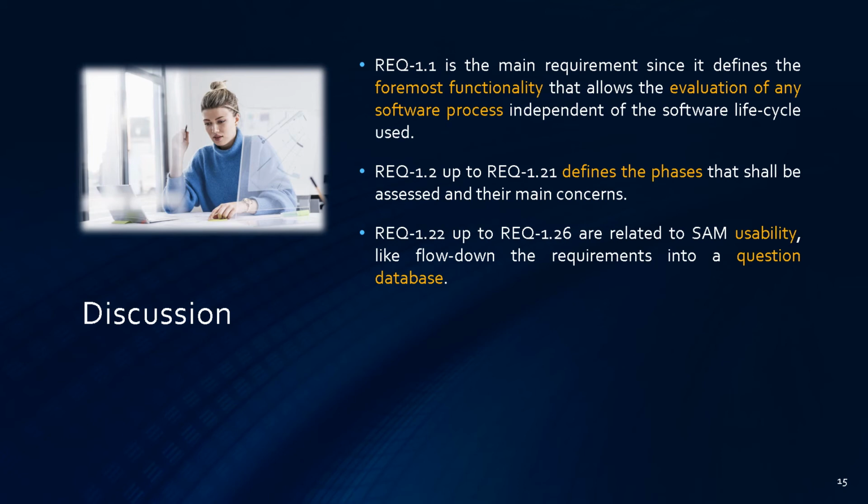As presented previously, Requirement 1.1 is related to the software audit model as a whole and defines the foremost functionality, allowing to evaluate any software process. Requirements 1.2 up to 1.21 are related to phases definition, with what must be assessed in each of them considering their main concerns.